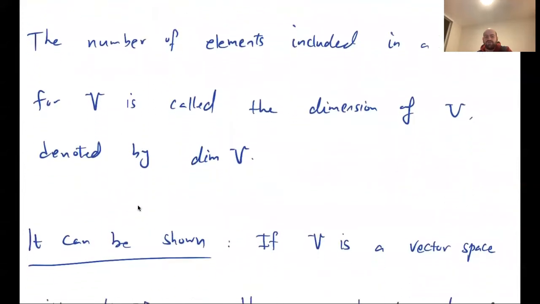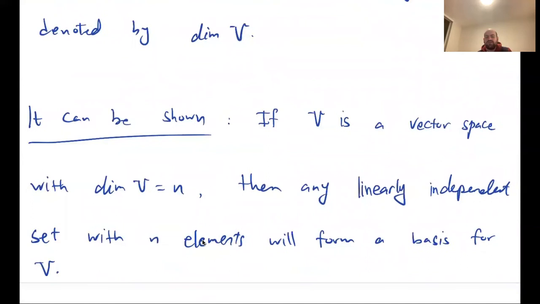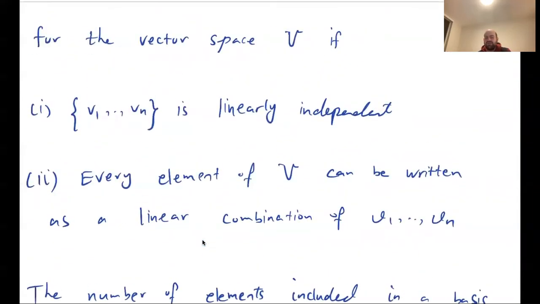But if you use this theorem, it will be more convenient because you can just check the number of elements in the set and compare it with the dimension. If they match, then you just need to check linear independence, which is the first condition. And then you can say that by this theorem, it will form a basis automatically. We don't need to check the second condition.